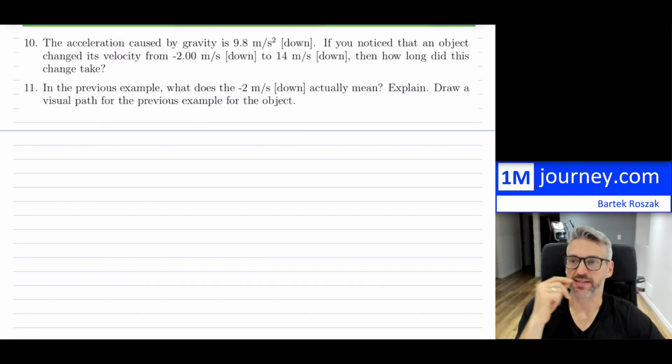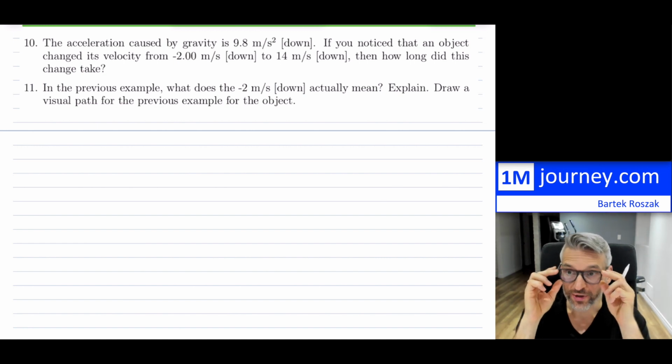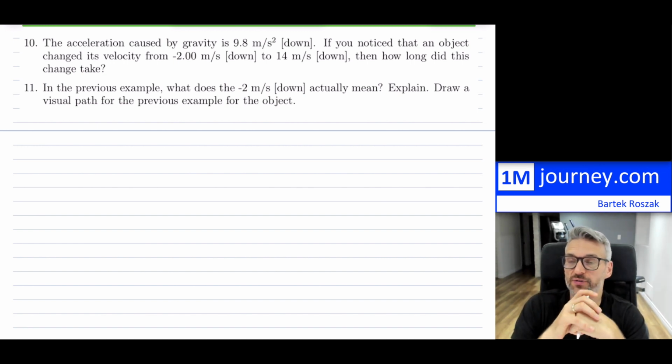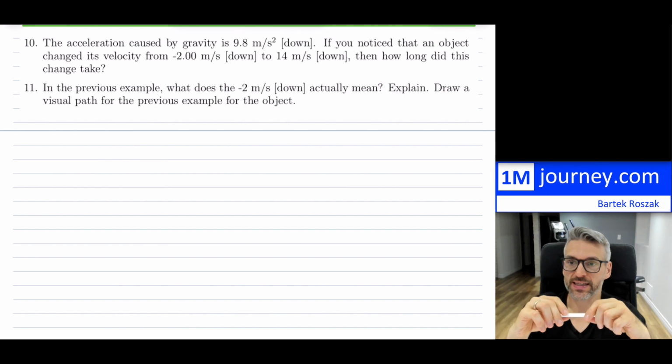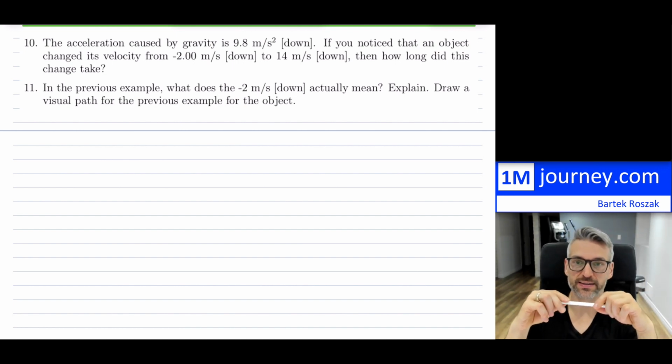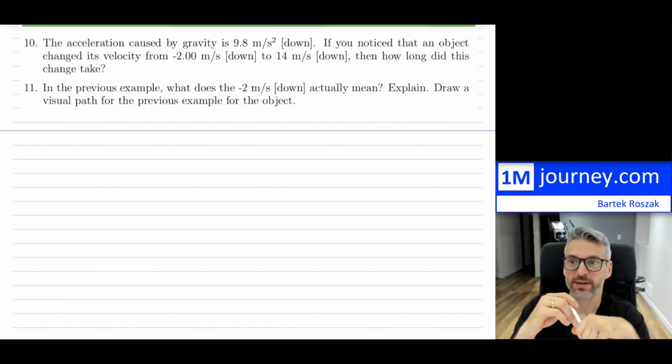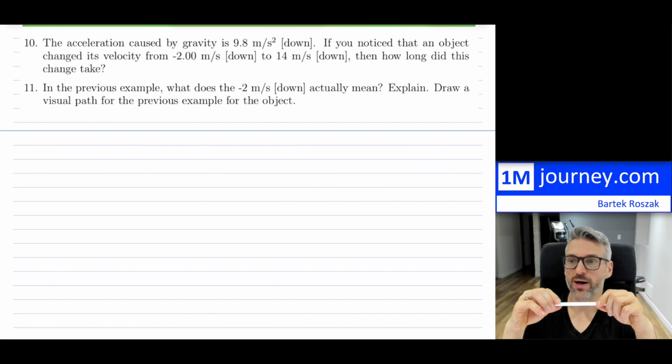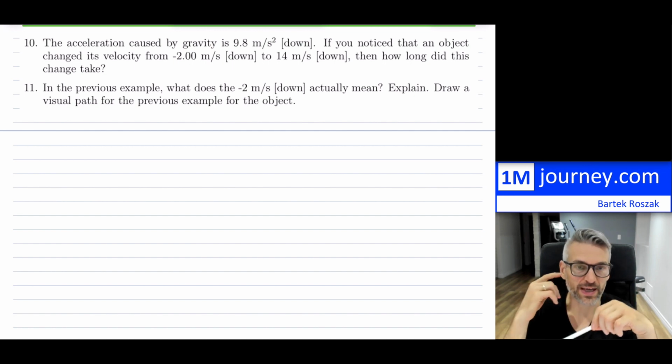Here are actually two examples. I'm bringing these two together because they're tied in. The first example says that the acceleration caused by gravity is 9.8 meters per second squared down. So we have a direction, it just means down. Now, if you notice that an object changed its velocity from -2 meters per second down to 14 meters per second down, then how long did this change take?